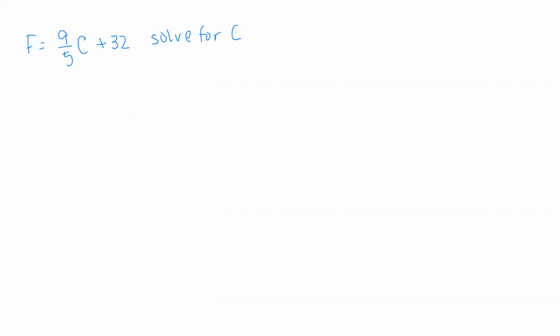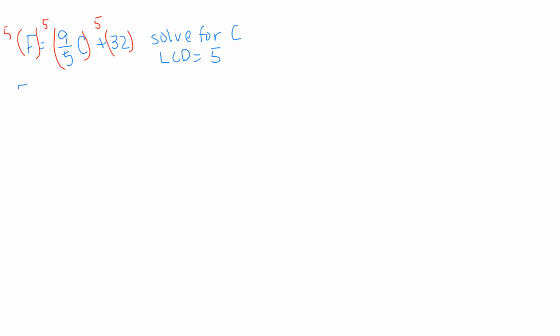I would say in this case, let's go ahead and get rid of the 5, and then we'll get the c by itself. So the LCD here is 5. So I'm going to multiply all of these terms by 5. All right.